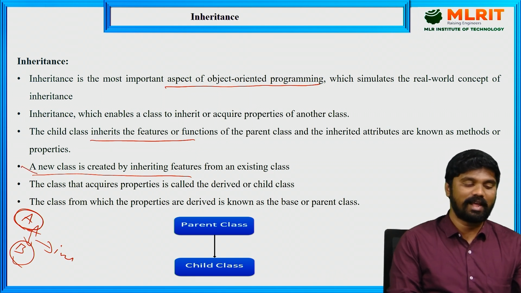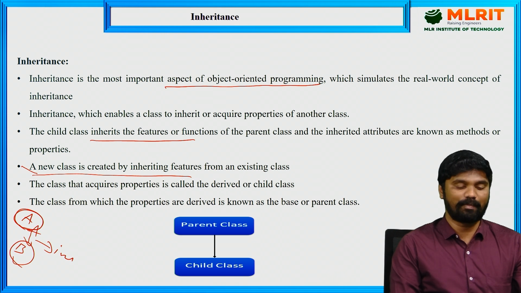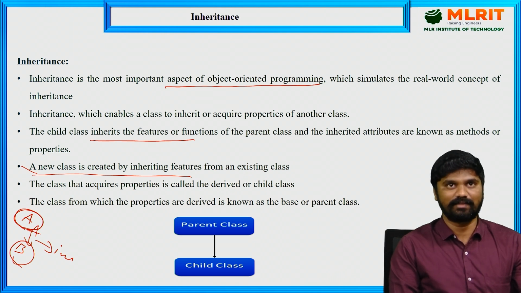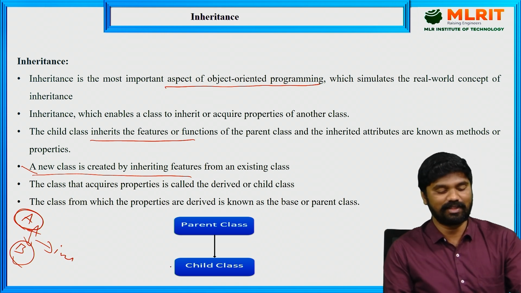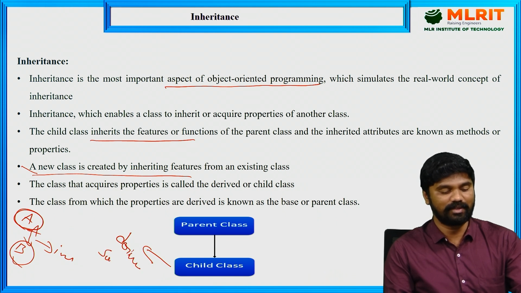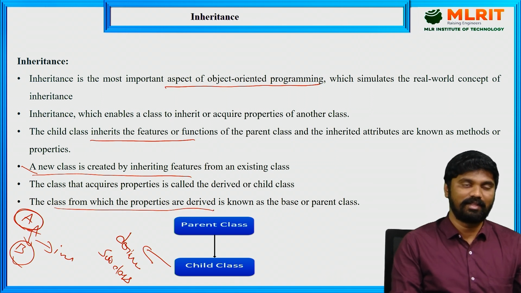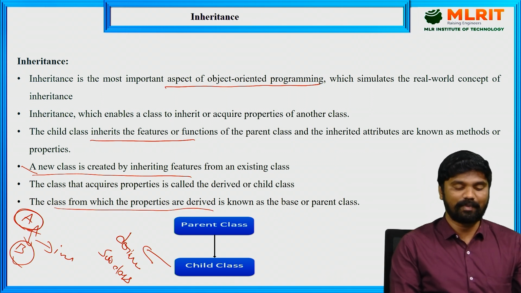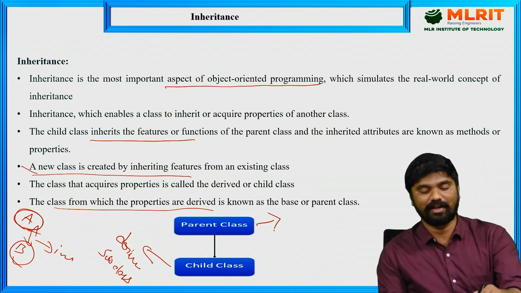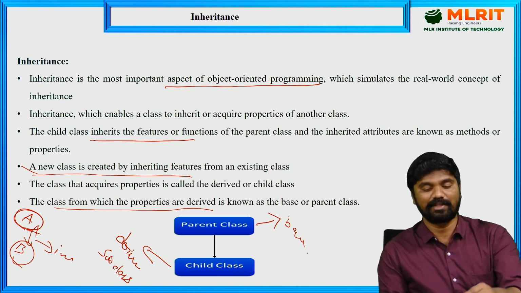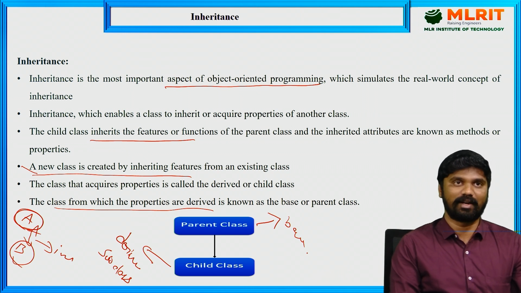Next, the class which acquires properties is called the child class or derived class, also known as a subclass. The class from which the properties are derived, that means the class which passes its properties or behavior to the child class, is called the parent class, or base class, or superclass.